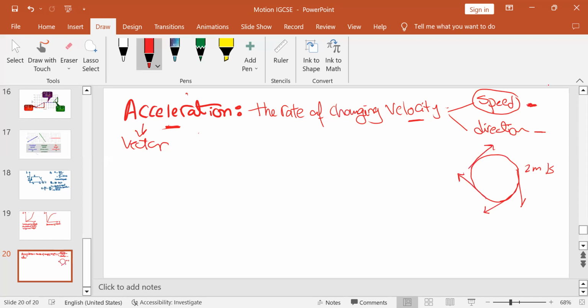In this case, the body is moving with constant speed, but it's changing its velocity. Clear? Okay. So is there a difference between constant speed and constant velocity?